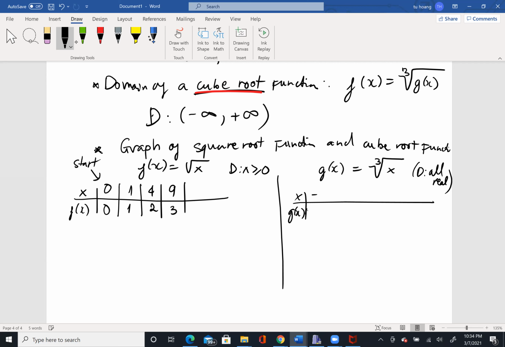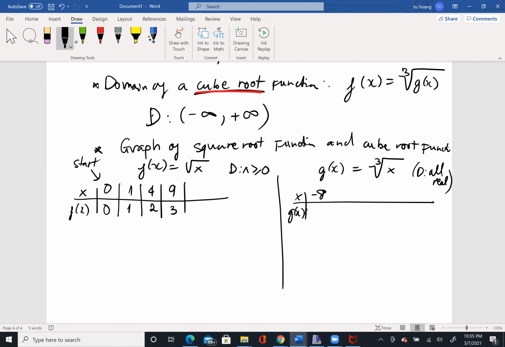Let's say negative 1, and negative 8. Then g of x will be the cube root of negative 8.